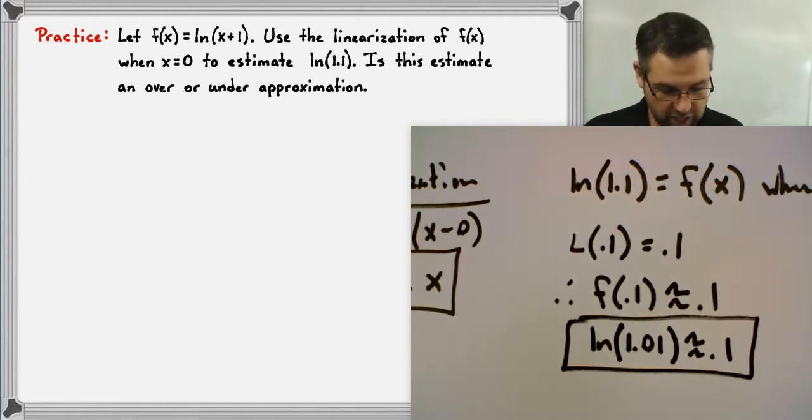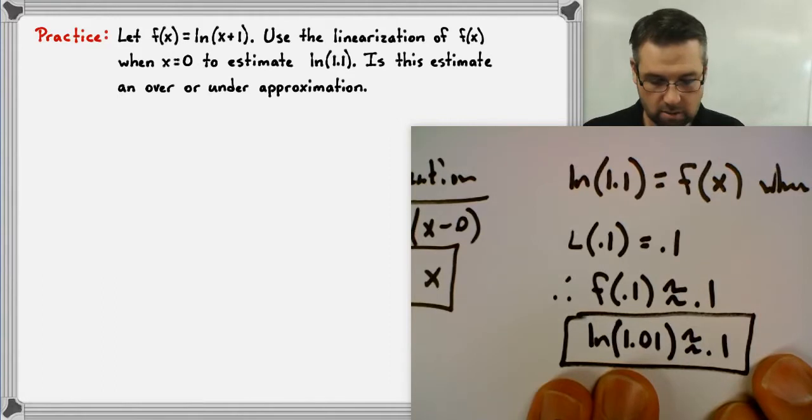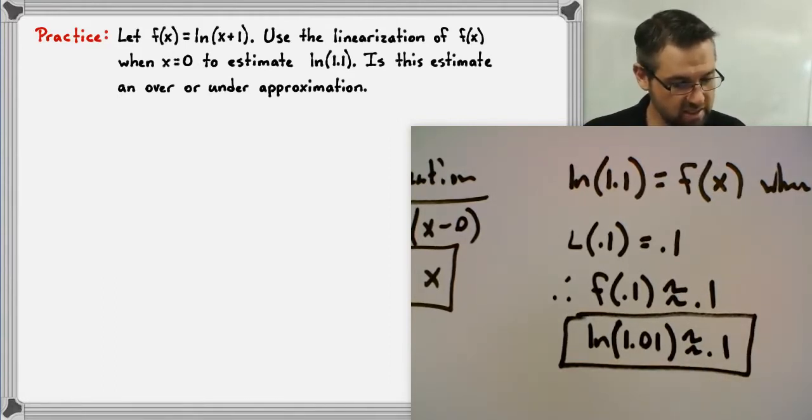Now, if we were to check to see how close we are, just to double check to make sure this makes sense, natural log of 1.1 is 0.0953. Okay, so that's my approximation. The next part of this question says, is this estimate an over or an under approximation?